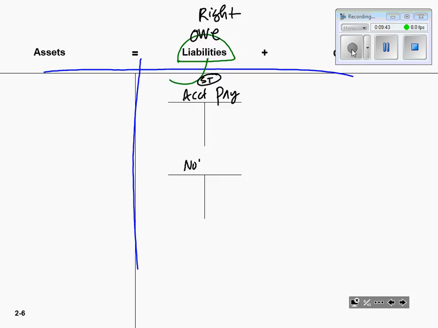Thank you. Who cares what side of the big T we're on? It will matter in a minute. Do these little T accounts still have left and right sides? What are the accounting terms for left and right? Debits on the left, credits on the right, just like the rap.